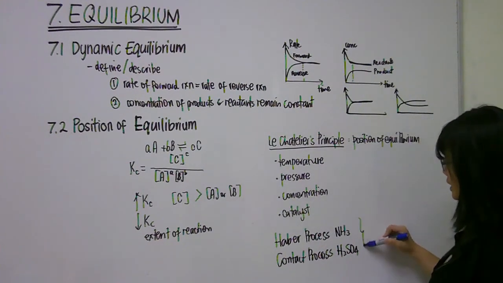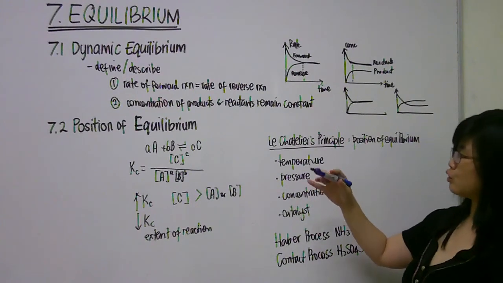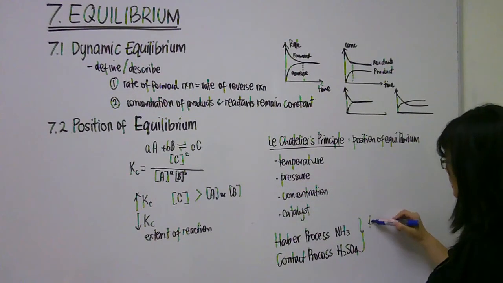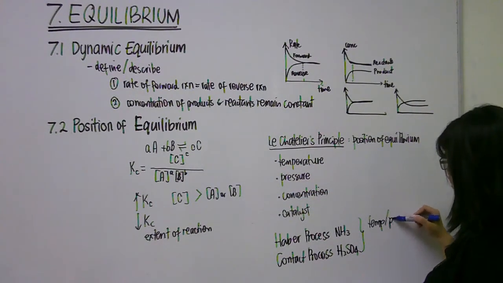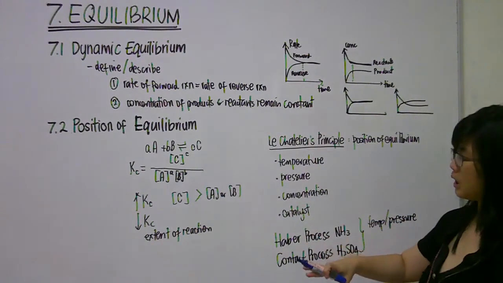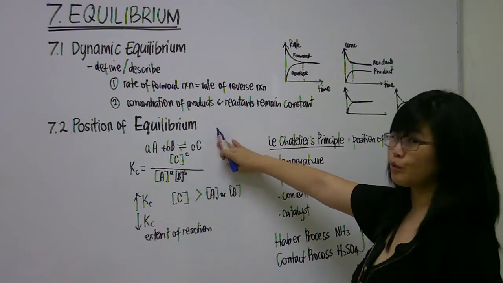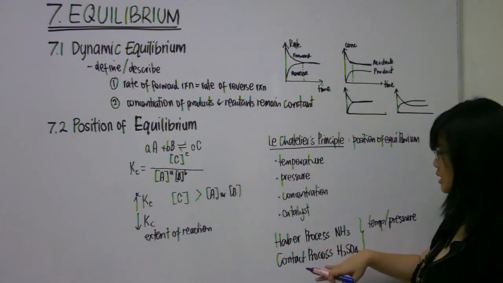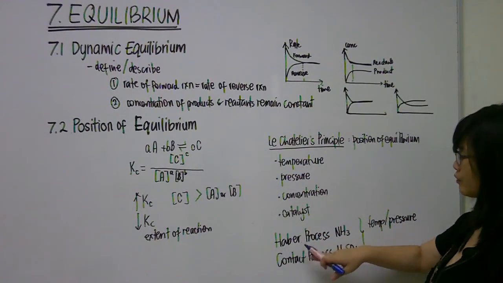Okay, so in this, you have to teach your students what is the optimum temperature and pressure which will give the highest yield of product, which is the ammonia, and in this case it will be SO3, which is a part of the contact process.